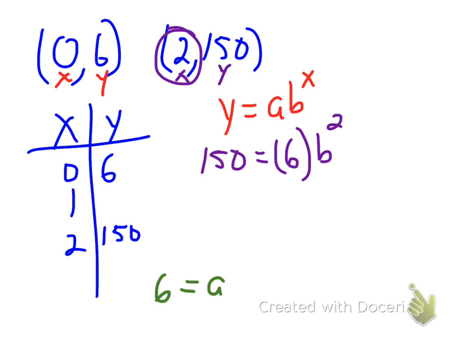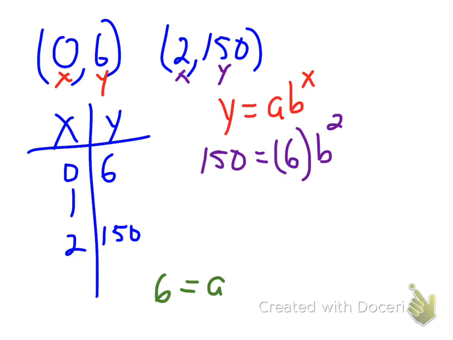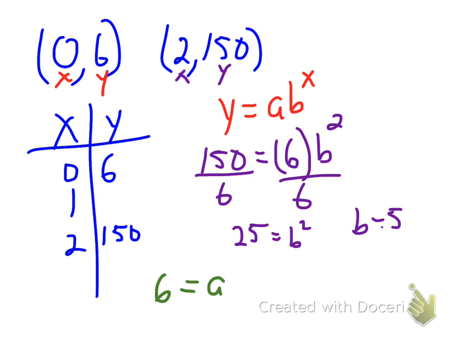So now when I go through, if you notice, it's the same thing I have right here. So now I divide by 6, and I get 25 equals b squared, and again, b equals 5. So I can write my equation of y equals 6 times 5 to the x.